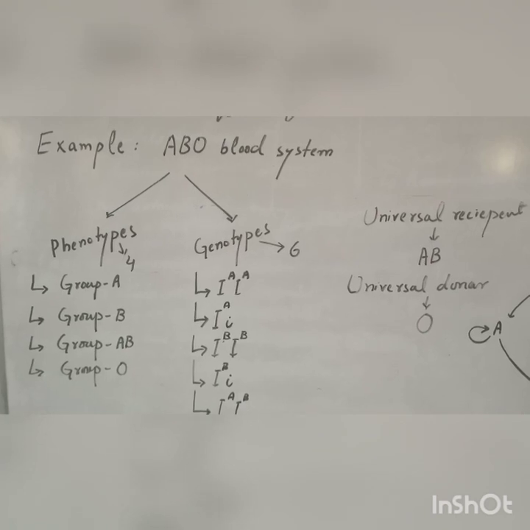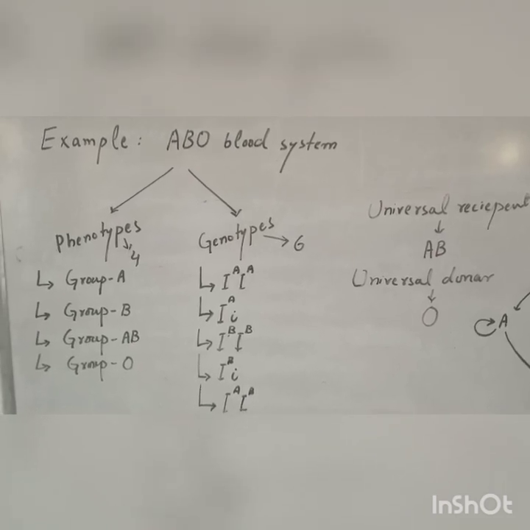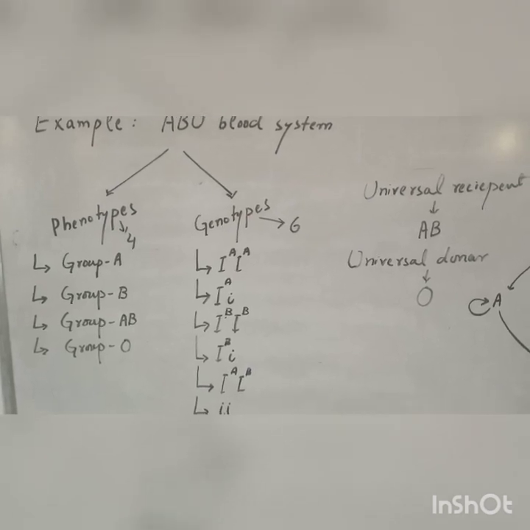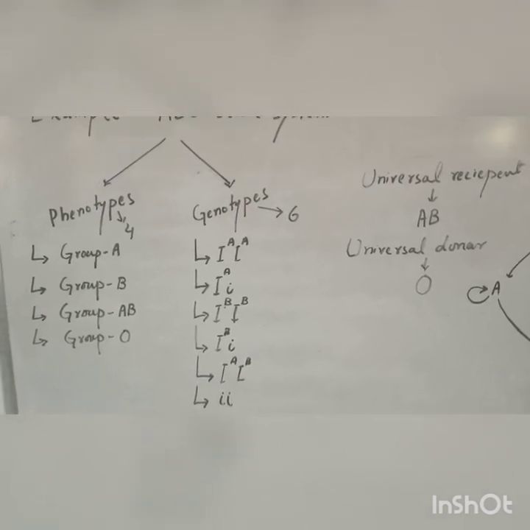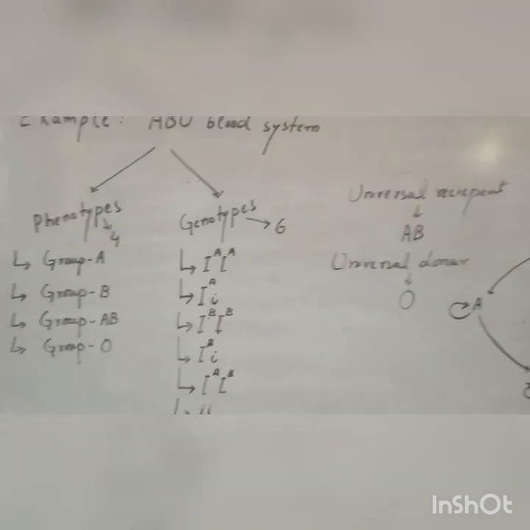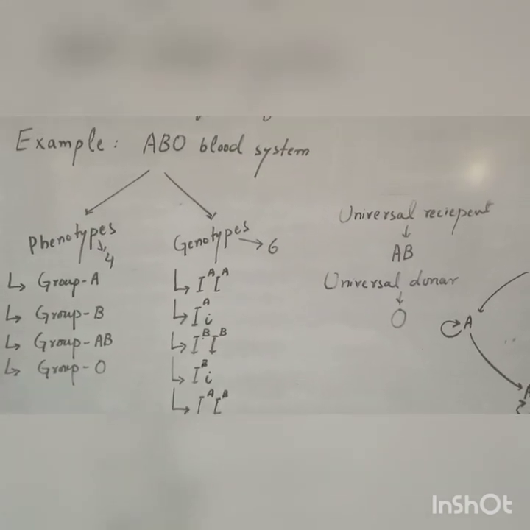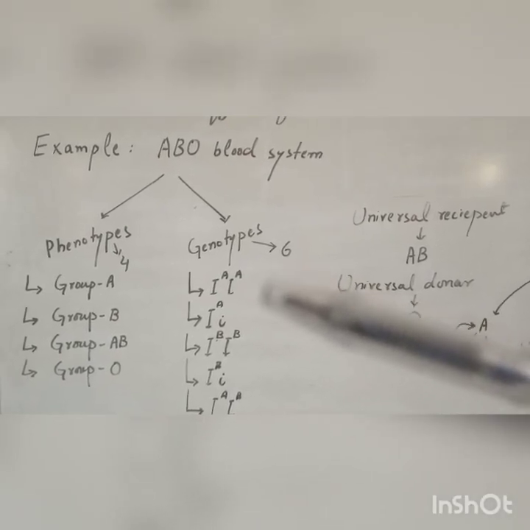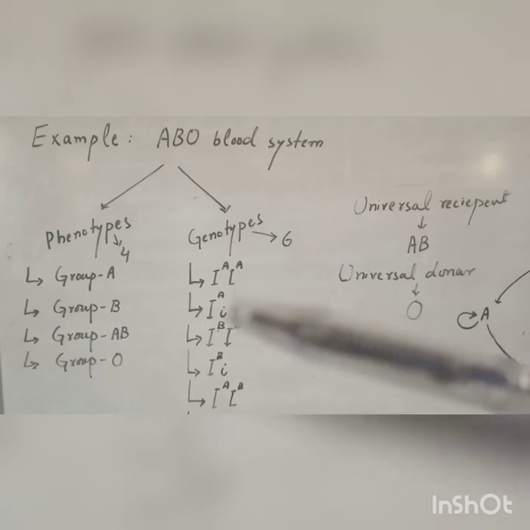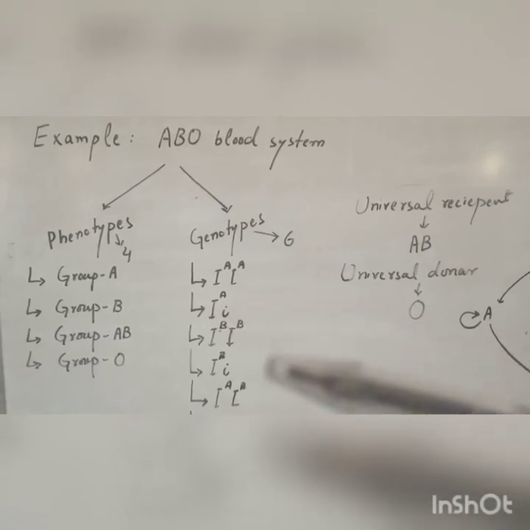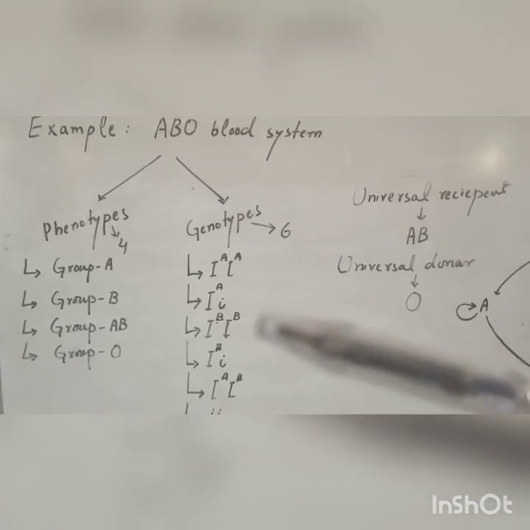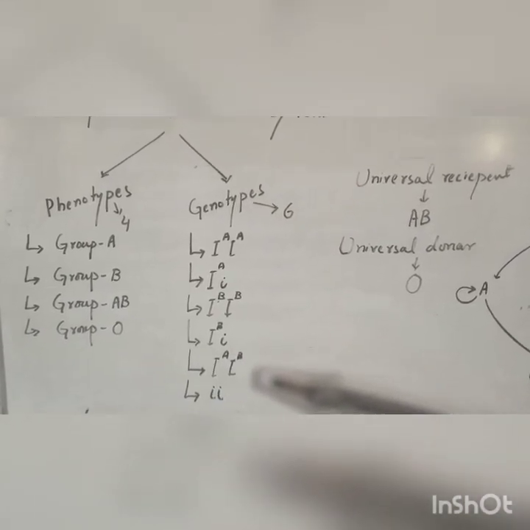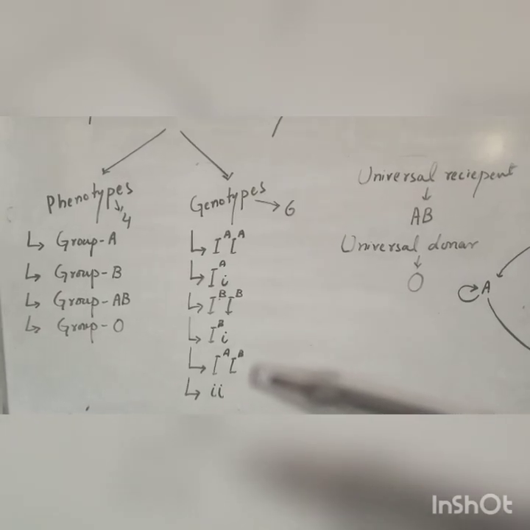The ABO blood system has four phenotypes that are A, B, AB and O, while the genotypes are six in number. Look here: homozygous for blood group A, heterozygous for blood group A, homozygous for blood group B, heterozygous for blood group B, and heterozygous for blood group AB.